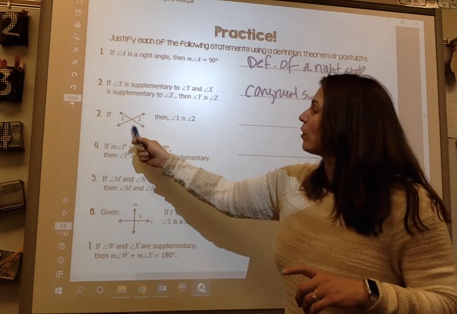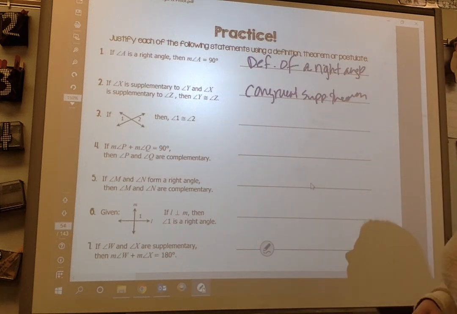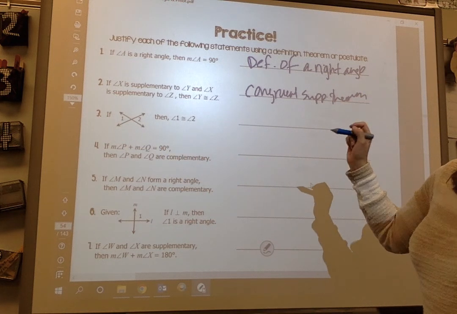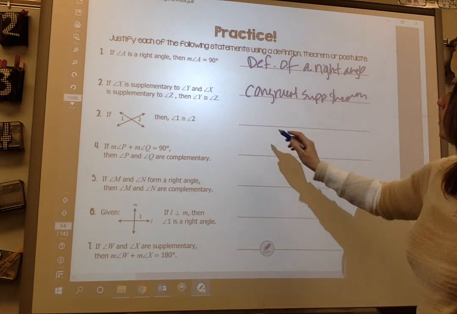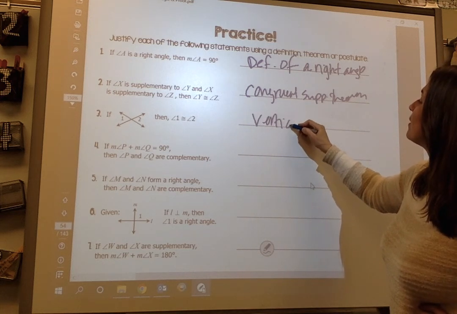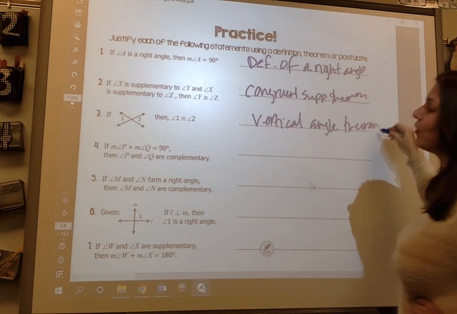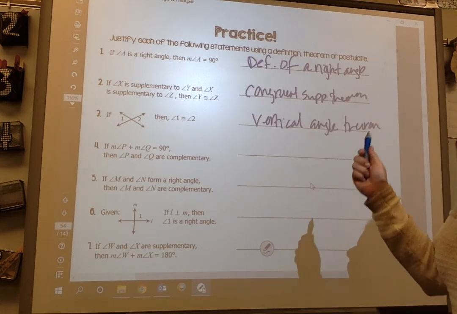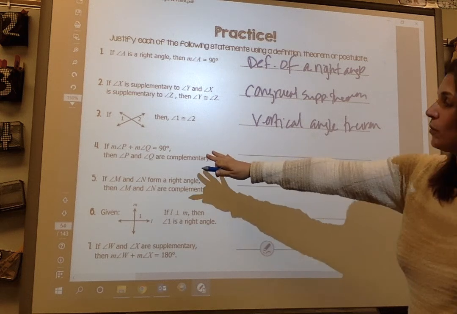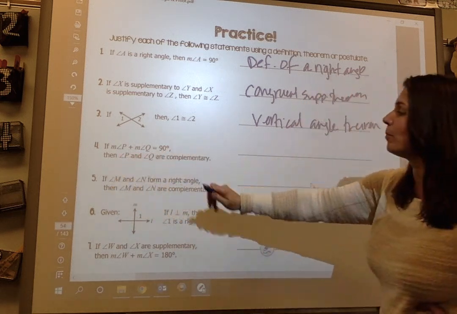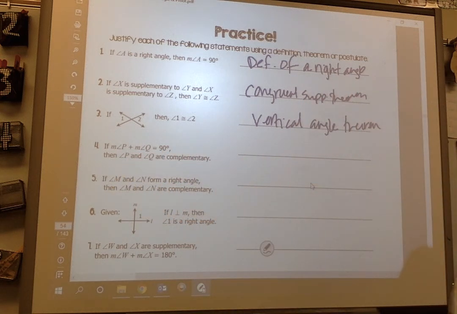Number three: if angle 1 is across from angle 2, then angle 1 is congruent to angle 2. That's your definition of vertical angles. No, it's not. It's the vertical angle theorem. Sorry, that's a theorem, not definition. All right, number 4: if the measurements of angle P and angle Q add up to 90, then angle P and angle Q are complementary.